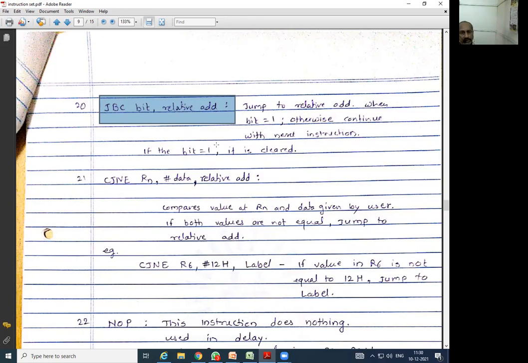If it is not set, you go for the next instruction. If it is set, then go to this relative address, and after going to the relative address, this bit is cleared automatically. This is the additional function of this instruction, JBC.